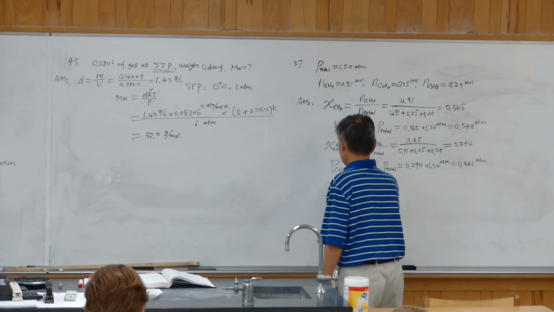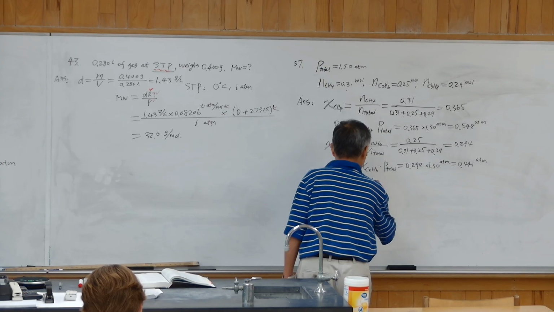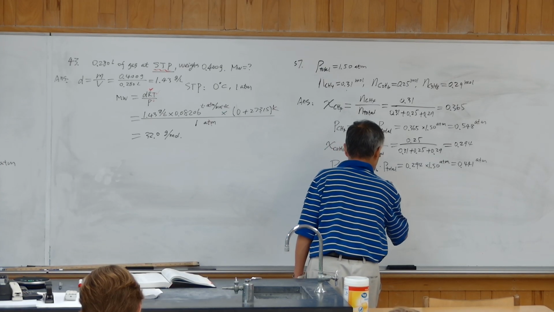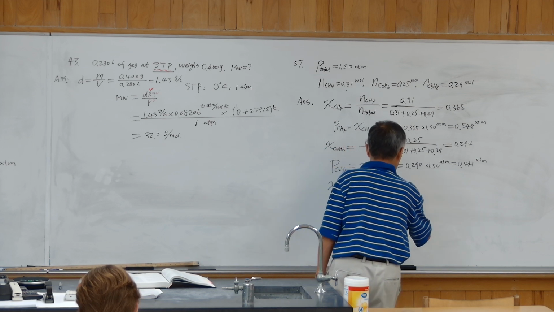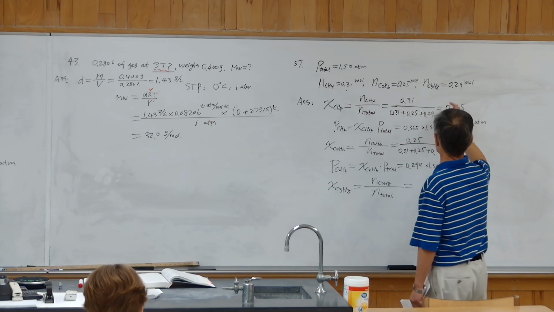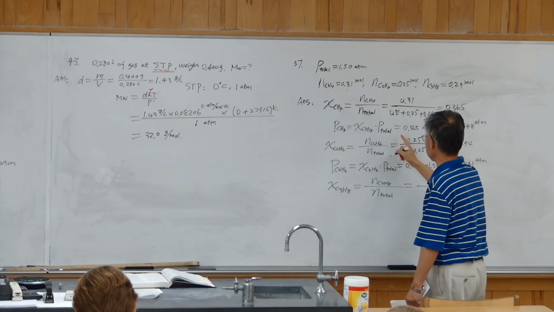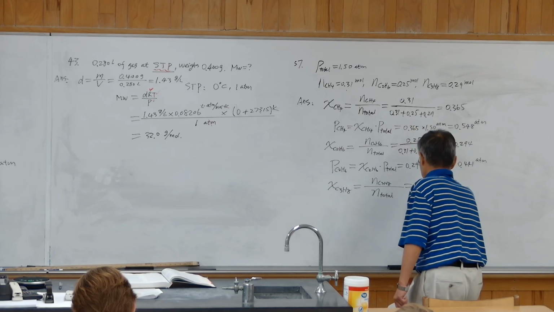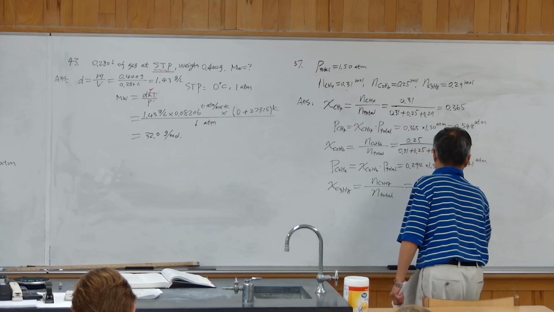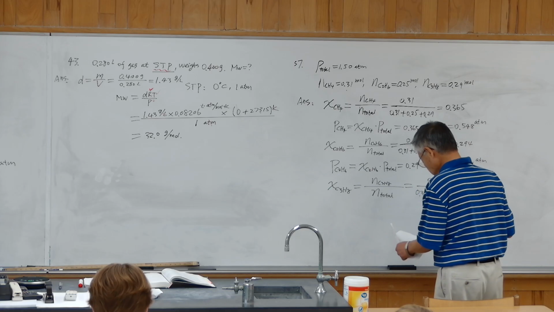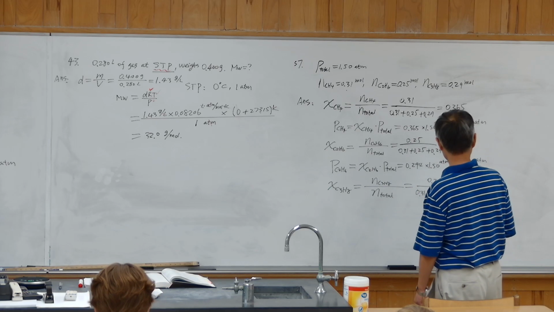Then similarly for C3H8, the mole fraction will be moles of C3H8 divided by total moles. C3H8 moles is 0.29. Total moles exactly the same as the other two: 0.31 plus 0.25 plus 0.29. This will be 0.341.